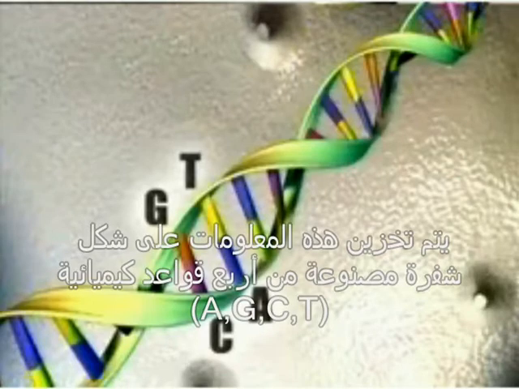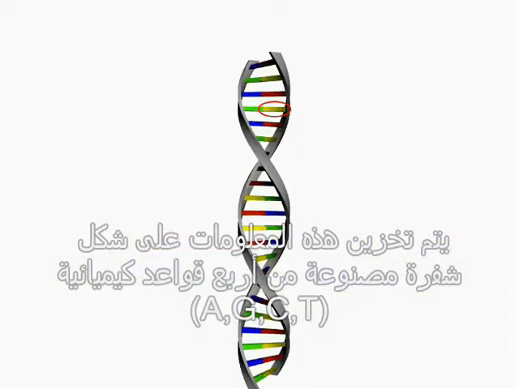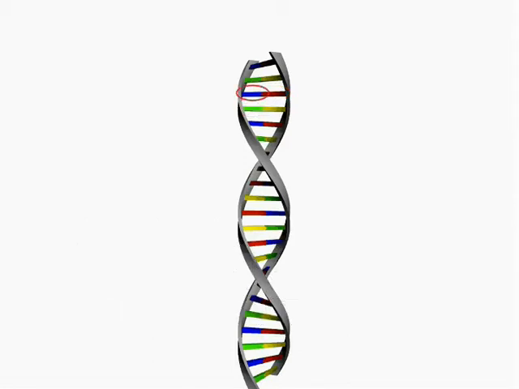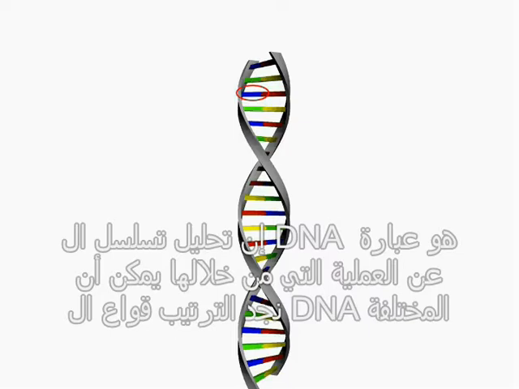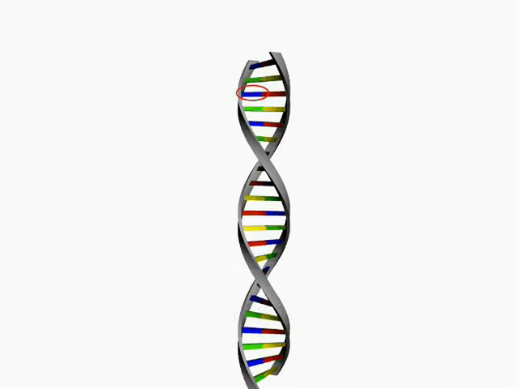The information in DNA is stored as a code made up of 4 chemical bases: adenine, guanine, cytosine, and thymine. DNA sequencing is the process of determining the exact order of bases adenine, thymine, cytosine, and guanine in a piece of DNA.